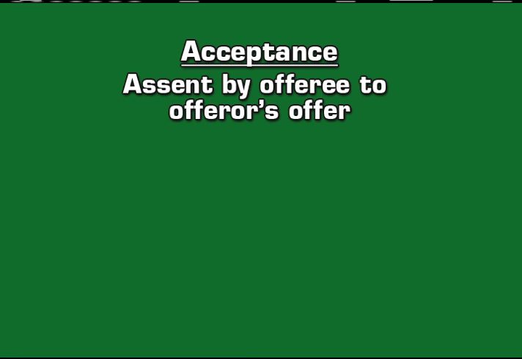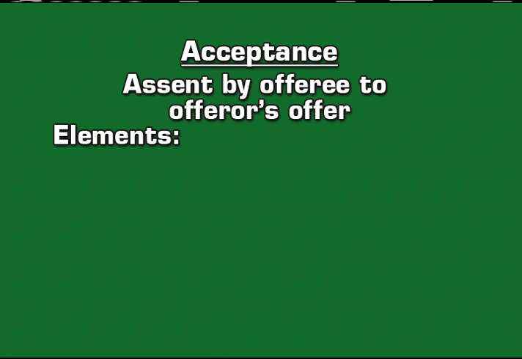Acceptance is the assent by the offeree to the proposal that has been made by the offeror. Once again, it is assent by the offeree to the deal that is on the table. Now, there are what I call 4 key elements to acceptance. First one, and then I'll explain them in further detail. It must be the party to whom the offer was made.